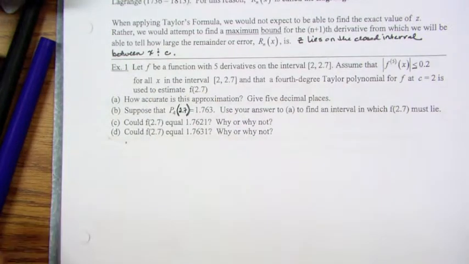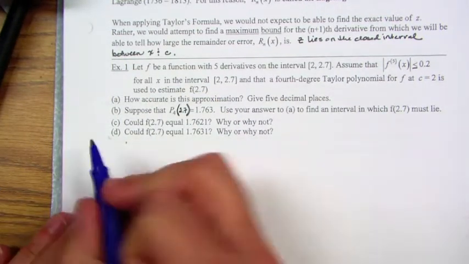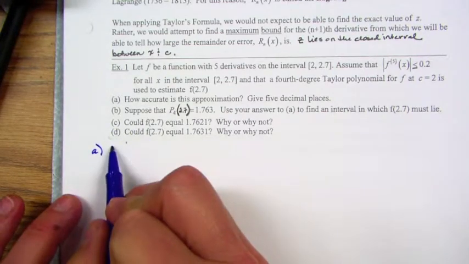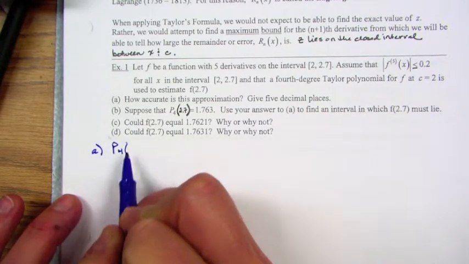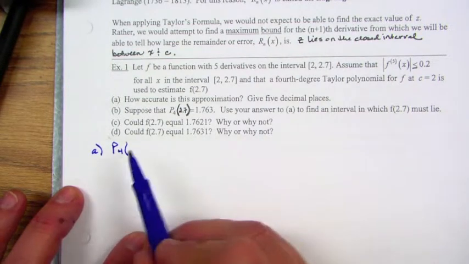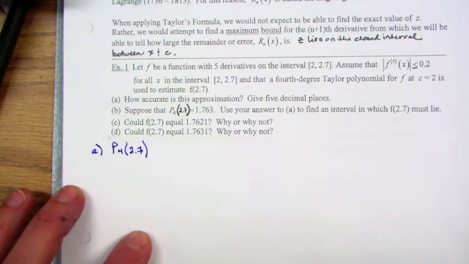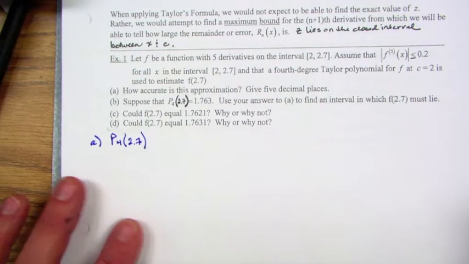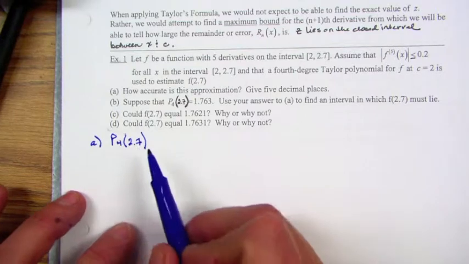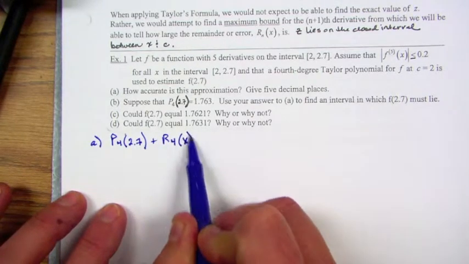Okay, so what you've just been told is I have made a 4th degree Taylor approximation or polynomial approximation, right?